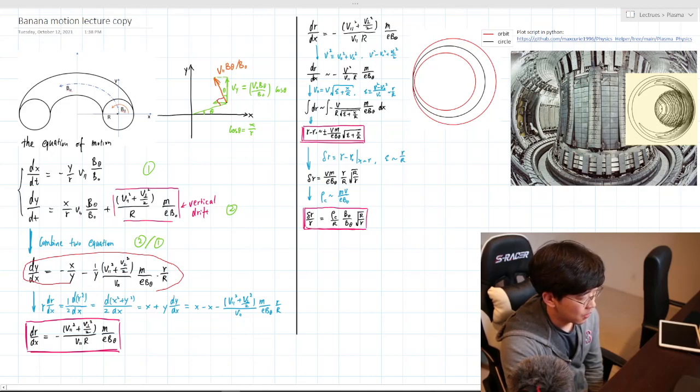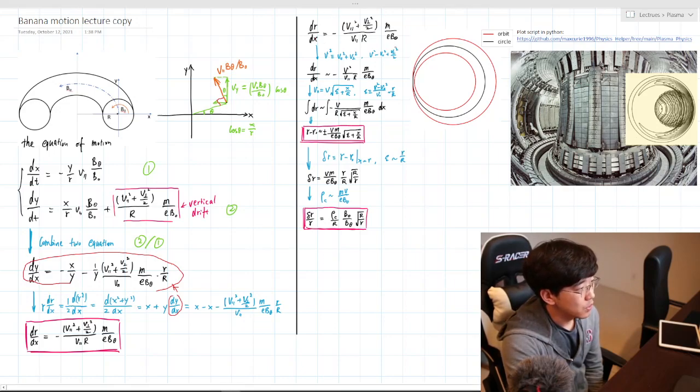We plug in dy/dx from this. We end up getting this equation, tidy it up, and divide by small r on both sides. We end up getting this differential equation describing the particle movement.